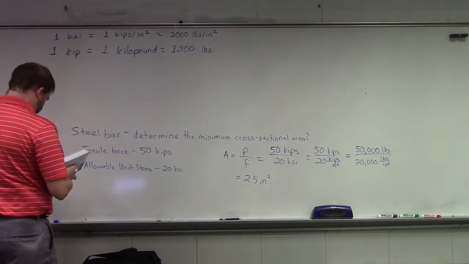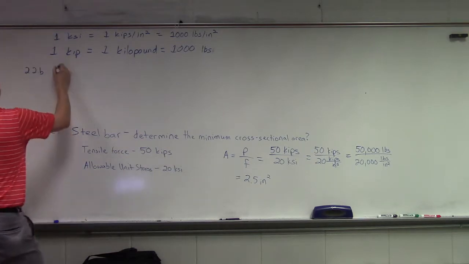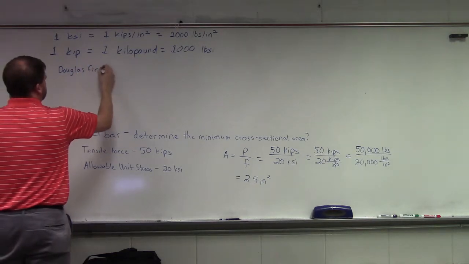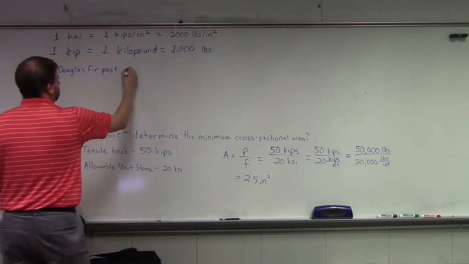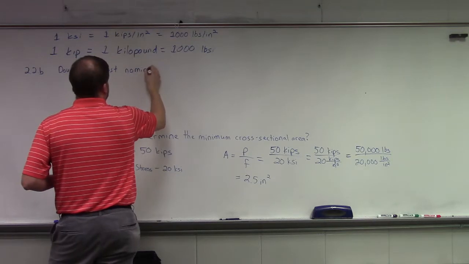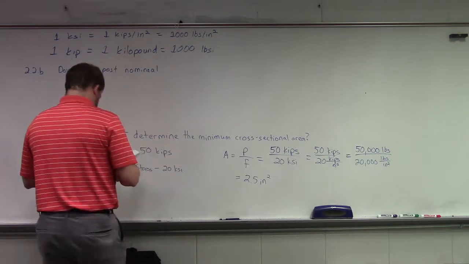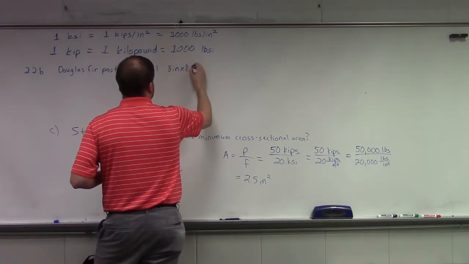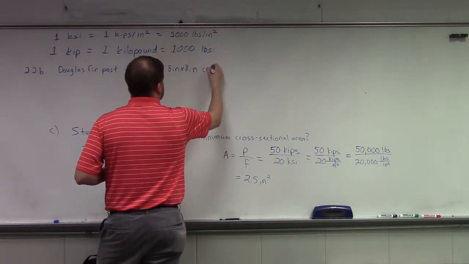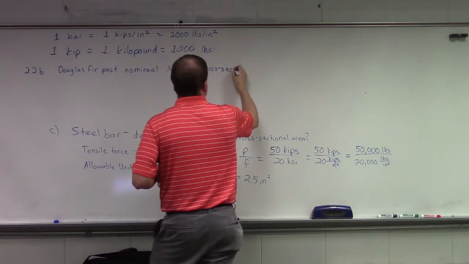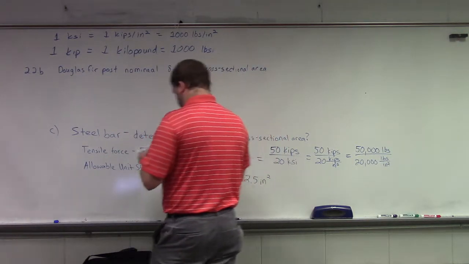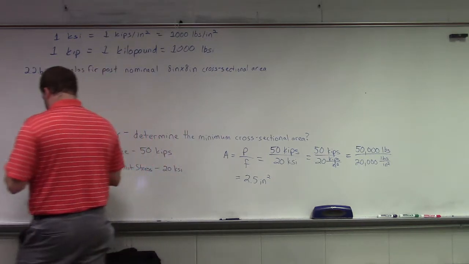All right, so for 2.2B, we have a Douglas fir post. Did we get a different number for a height? Nominal cross-section area of 8 square inches.